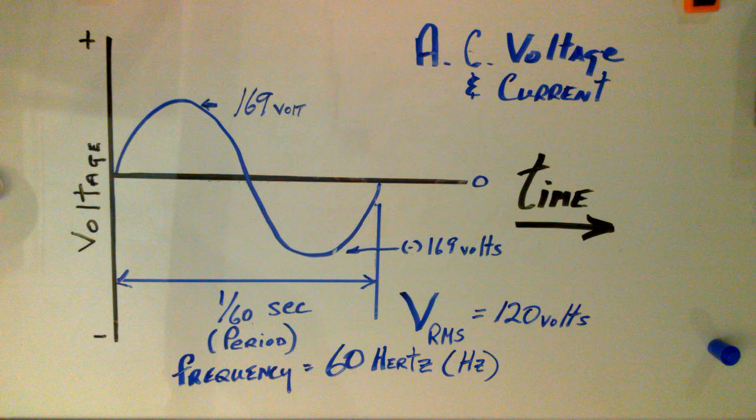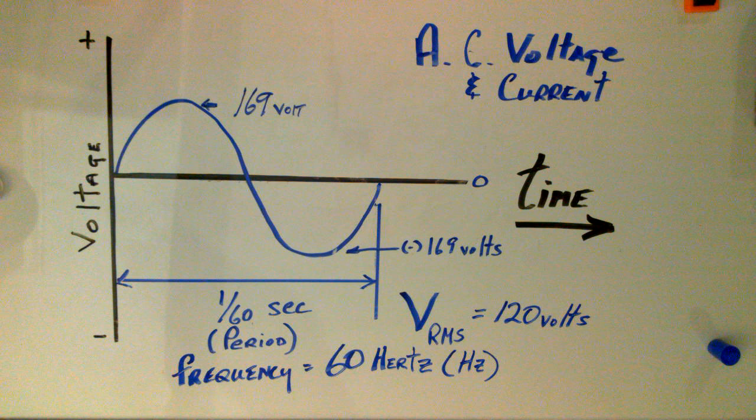So what we say this is, is an AC cycle, or an AC waveform, or an AC sinusoid. We say sinusoid because it has the sinusoid shape. In trigonometry, that would be the sine.